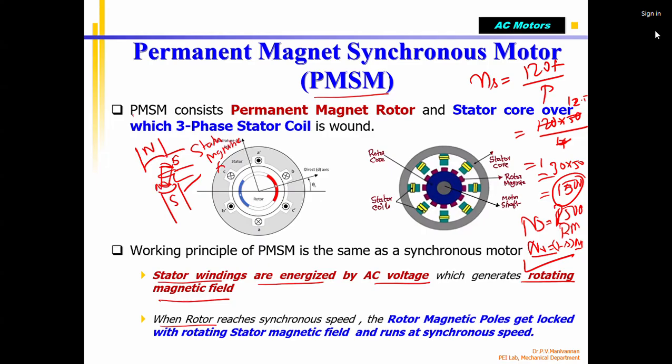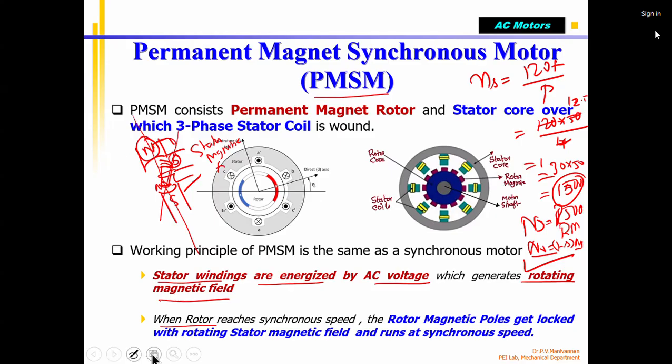Please note the magnetic axis of the field is like this, the rotor is like this, there's an angle. And this north is attracting, correct? The north pole of the stator is attracting the south pole of the rotor. But if sufficient torque is not there, the gap is too much, the angle is too much, it may not get locked.